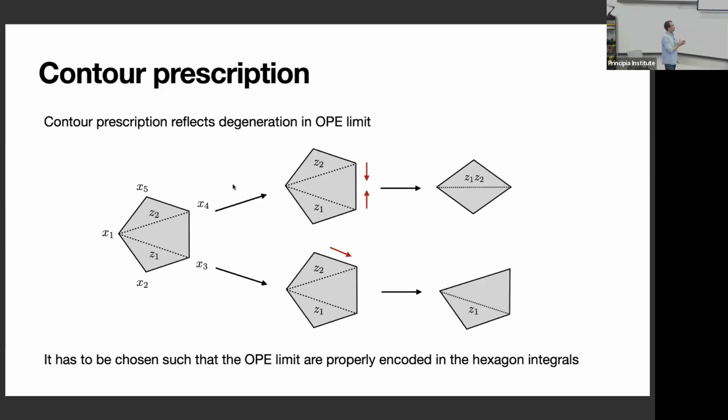So the fusing is realized in one way and the removing in another, and this is essentially dictating how we should integrate the two rapidities associated to each cut. Yes. So in the upper line here, you have to pick the pole. In the bottom line, you don't pick the pole. So the contour must be chosen such that you pick in one direction and not in the other.